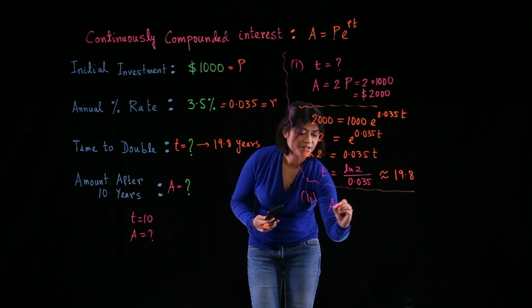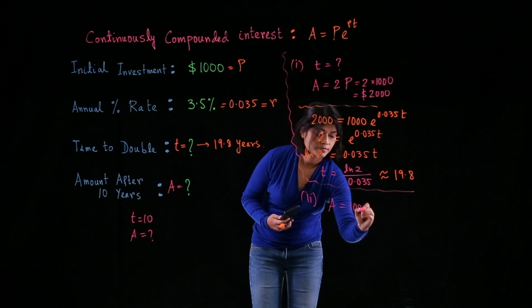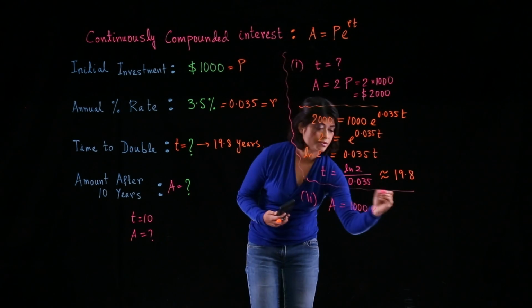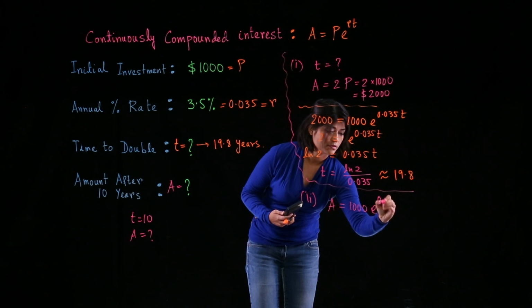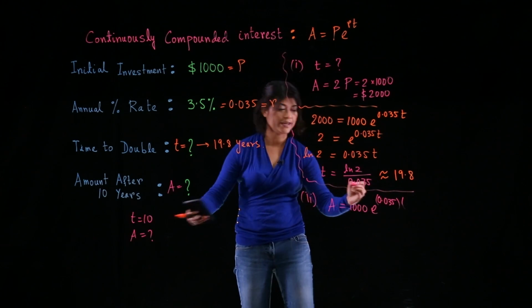On the left hand side we have A, and on the right hand side P is 1000, then e to the power r, which is 0.035, times t, which is given to be 10.